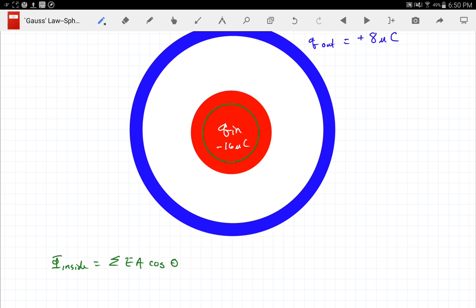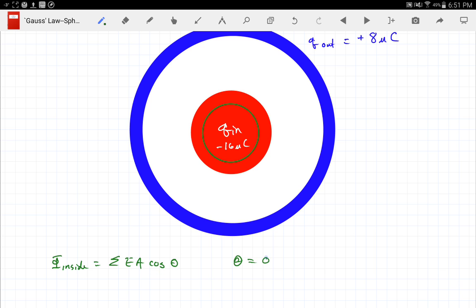Very simple question. What is the direction for the electric field if it exists in here? Well, it's going to have to be radial. Given our symmetry, the electric field has to be going either directly in or out of the charge. So my area for this surface is going out, and the electric field is going in or out, so the angle between them has to be 0 degrees.